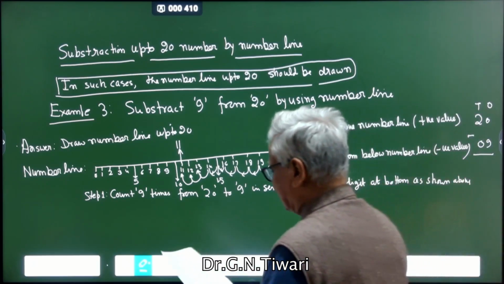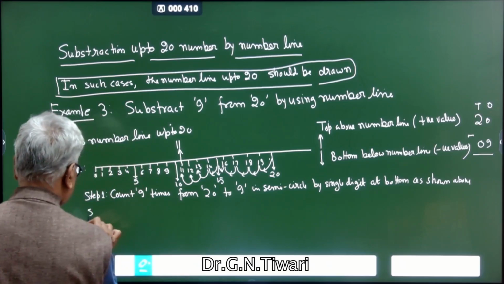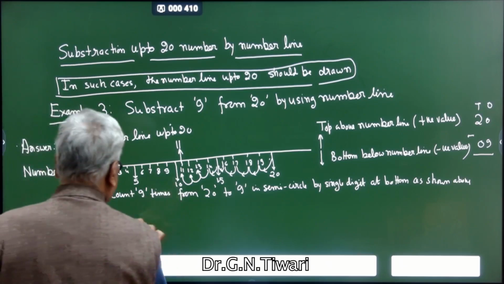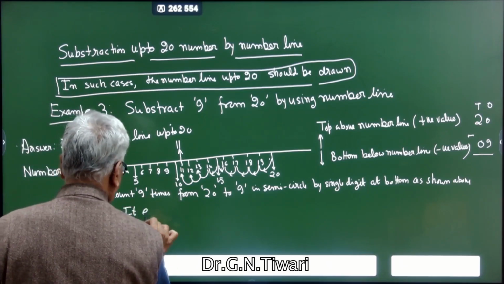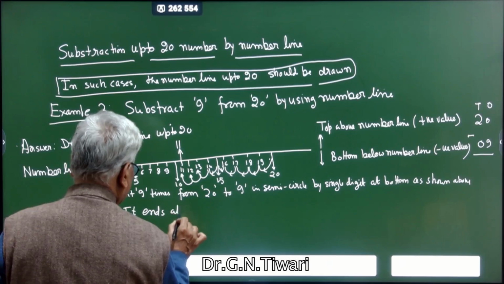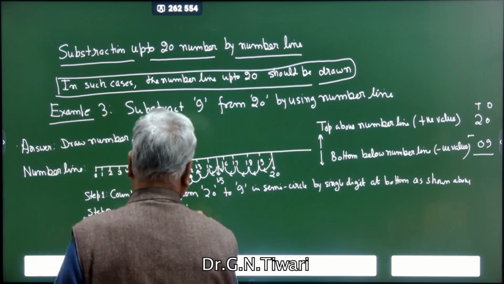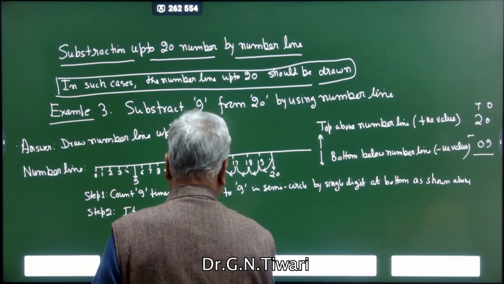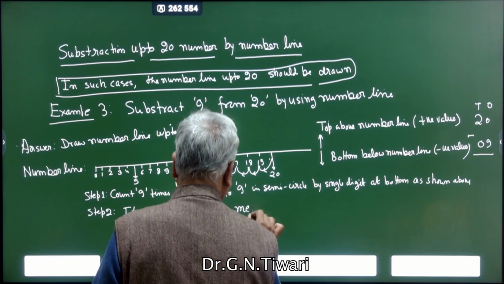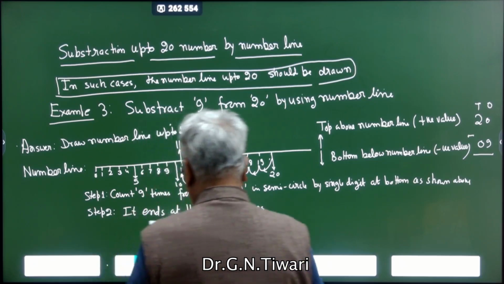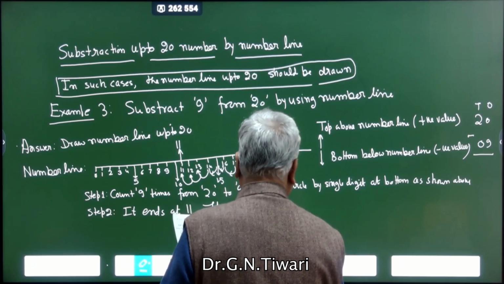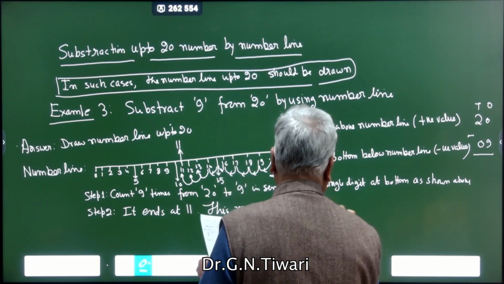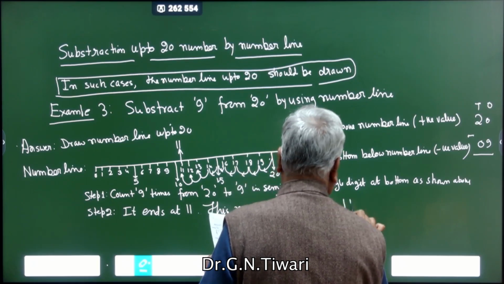अब स्टेप 2 क्या होगा? It ends at 11. This means 20 minus 09 is equal to 11.